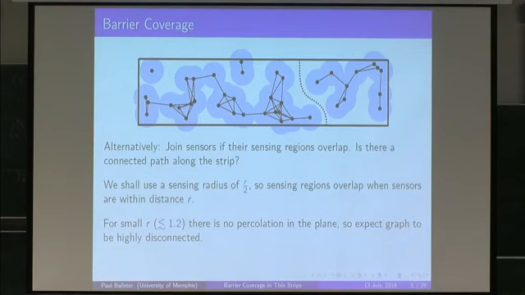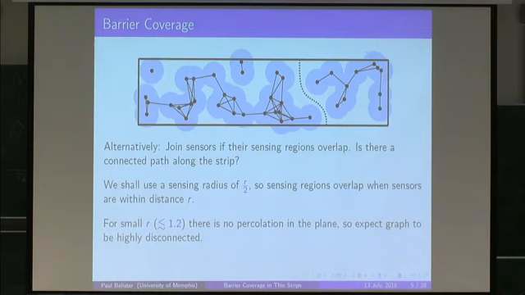Now, what happens if r is very, very small? Well, this is a well-studied model in the plane, the so-called Gilbert disk model. It's known that if r is small enough, and numerically the best guess is that with this normalization it's 1.2 for r, there is no percolation in the plane, which means all the graph components are small.